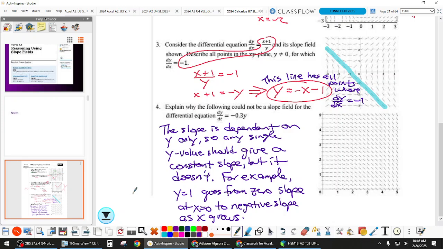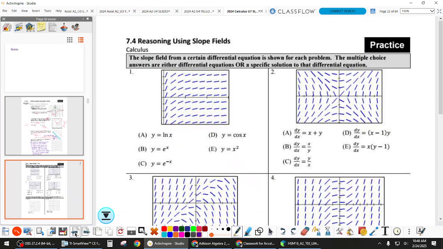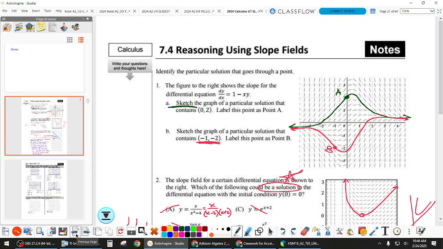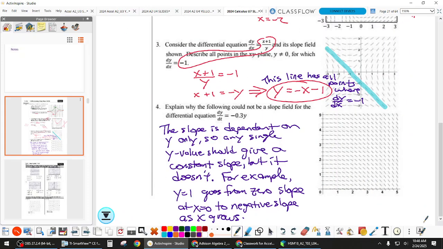Okay. So something like that would be good enough explanation. I think that's all. Can we just use the point (5, 1) and say the slope at (5, 1) should be only negative 0.3, but here it's obviously bigger? Yeah, (5, 1).